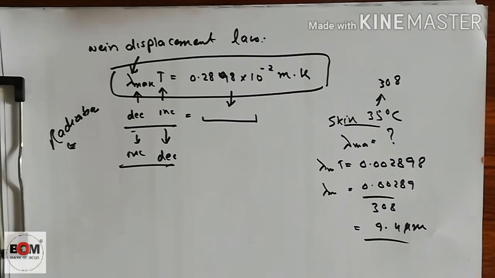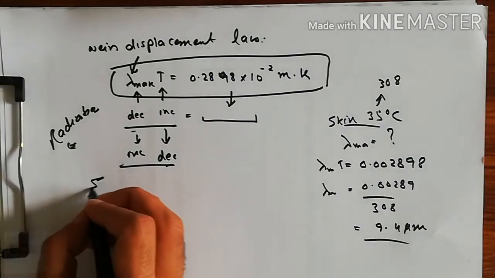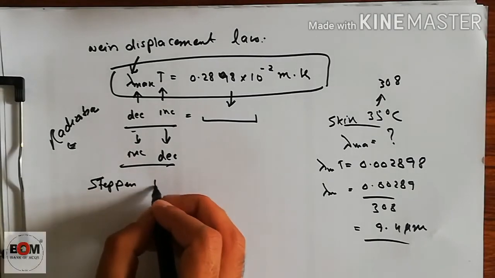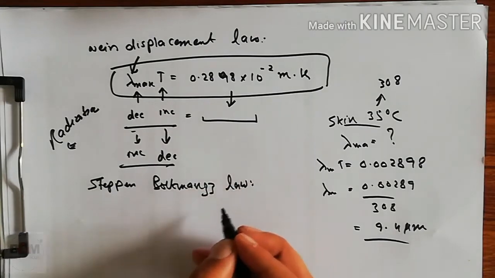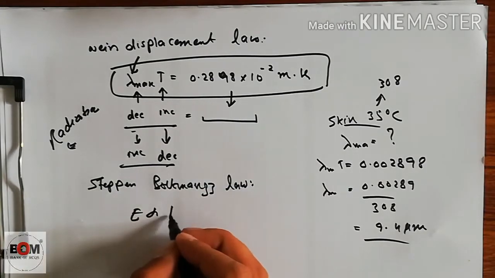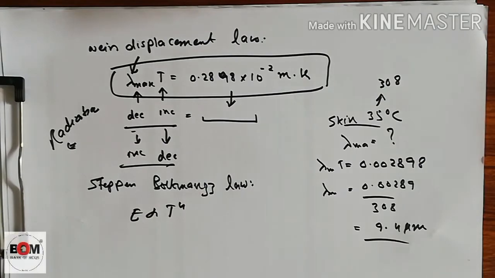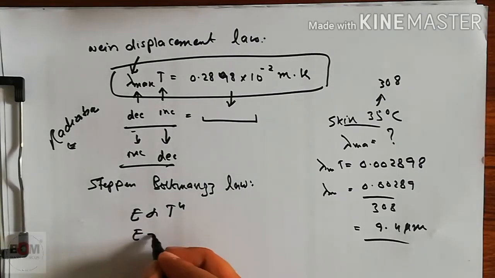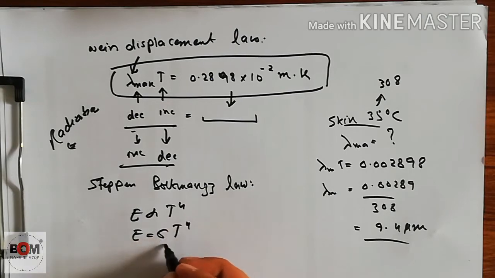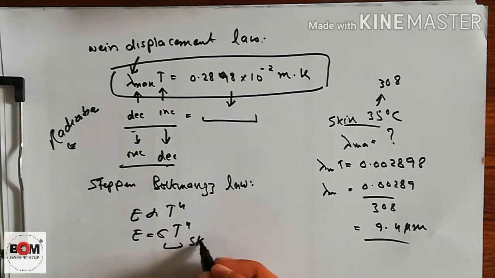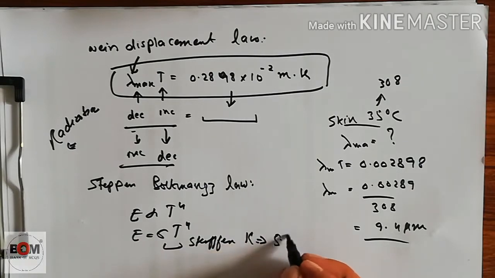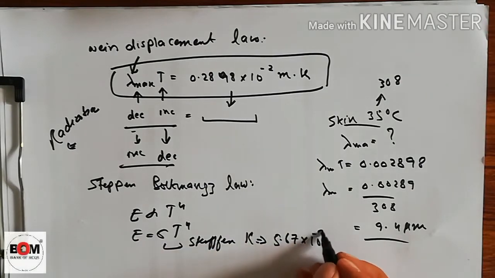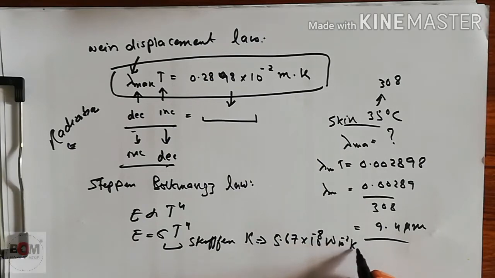The next is Stefan-Boltzmann's law. In Stefan-Boltzmann's law, the energy is directly proportional to the 4th power of temperature. We put in an equality constant sigma, and this is called the Stefan constant, and its value is equal to 5.67 multiplied by 10 to the power minus 8 W meter minus 2 K minus 4.